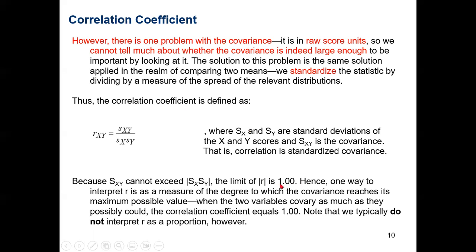The minimum is 0 and the maximum is 1. Therefore, one way to interpret R is as a measure of the degree to which the covariance reaches its maximum possible value. When the two variables covary as much as they possibly could, the correlation coefficient equals 1. Okay.